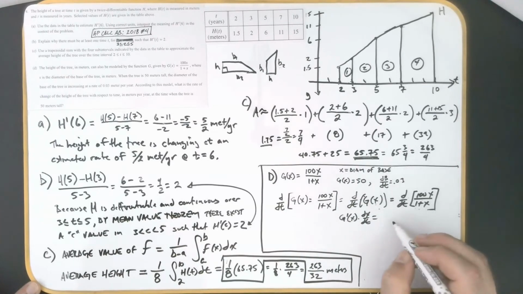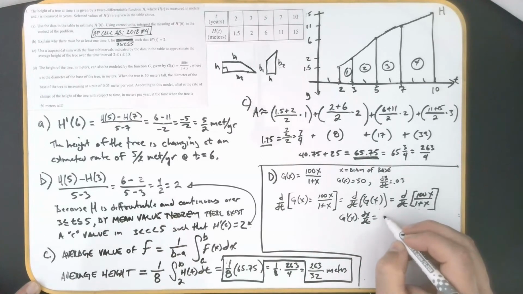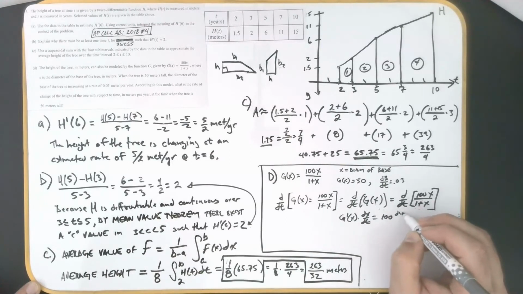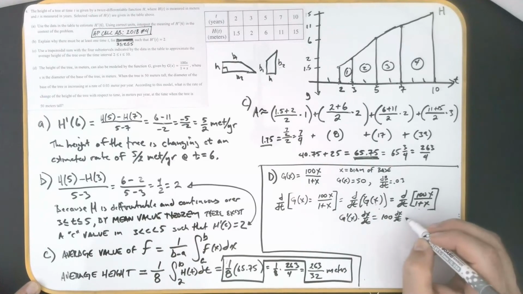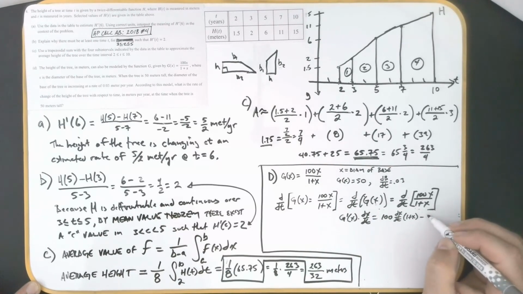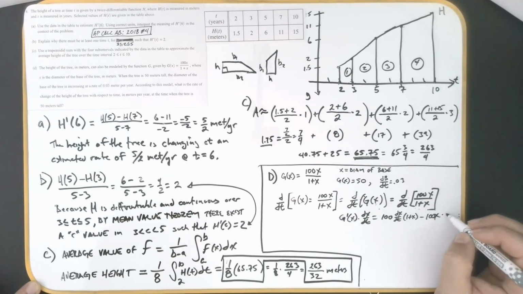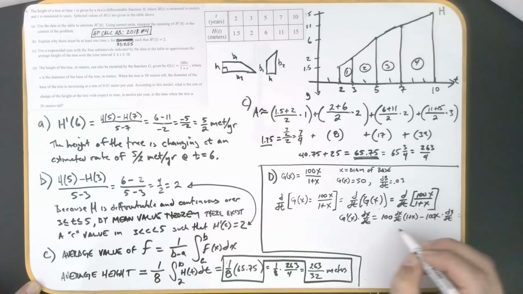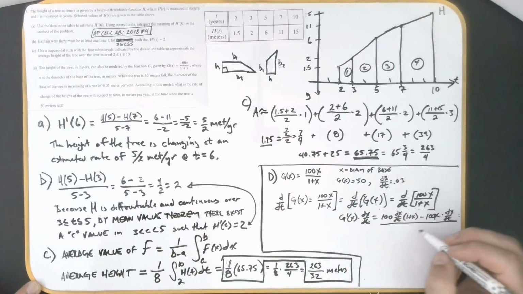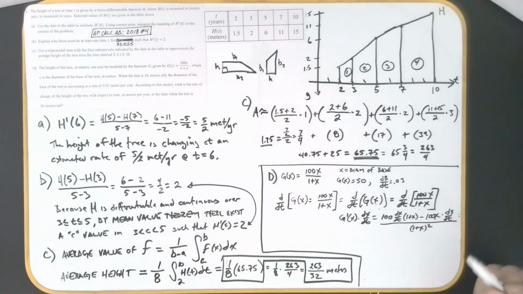And that is equal to, now we'll have a little more room here, the derivative of the top, which was 100, variables didn't match, dx/dt, times the bottom, 1 plus x, minus the top, 100x, times the derivative of the bottom, which is just 1, but my variables didn't match, so I got dx/dt. That looks a little better. So there's the derivative of the top all over the bottom squared, which was 1 plus x, the quantity squared. Okay, that's how most of you guys would have done that.